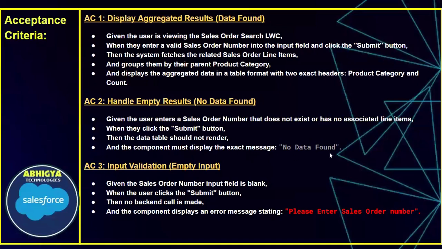And the third one is the user may not enter the order number and directly click on the submit or search button. Then we display the error message: please enter sales order number. Let's see how we are going to implement this use case step by step for each acceptance criteria.